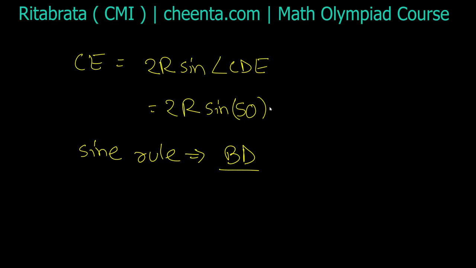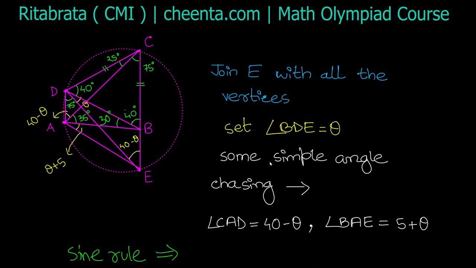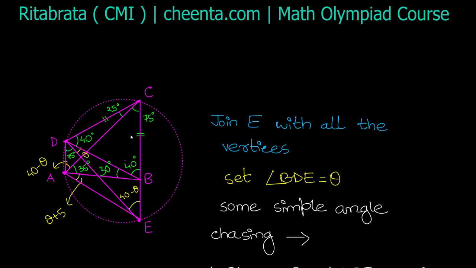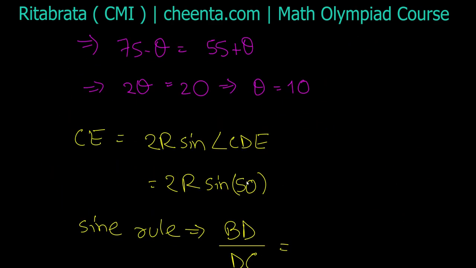What is BD by DC? BD's opposite angle is 75 plus 25, that is 100 degree, and DC is 40 degree. So BD by DC is sine 100 degree by sine 40 degree.